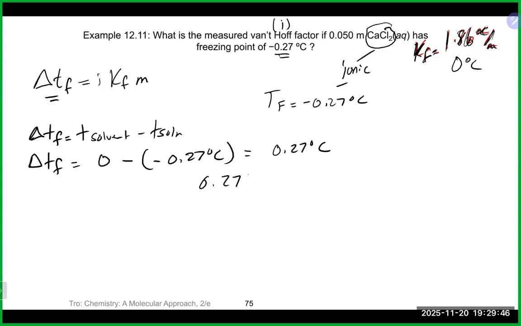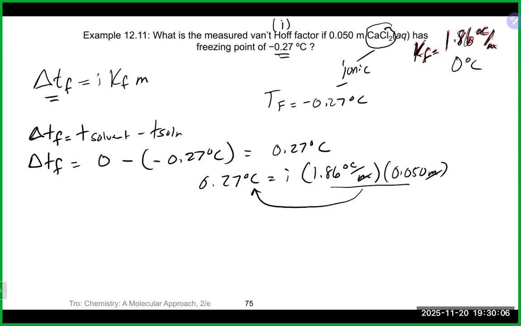Putting that into our equation here and solving for i, we have 1.86 degrees Celsius per molality, and they did give us the molality here of 0.05. Molality is going to cancel, and we're going to multiply these and then divide into the other side. So we'll take 1.86 times 0.05, which gives us 0.093.